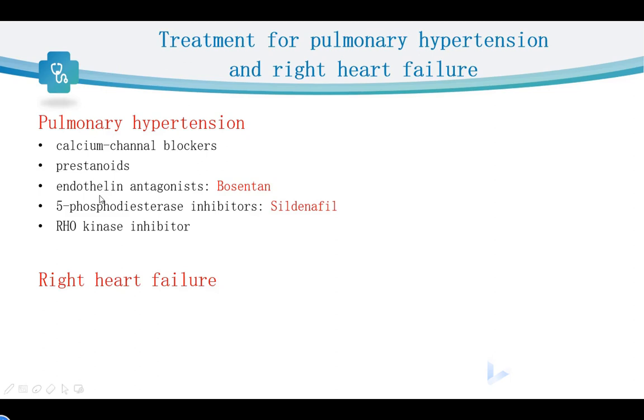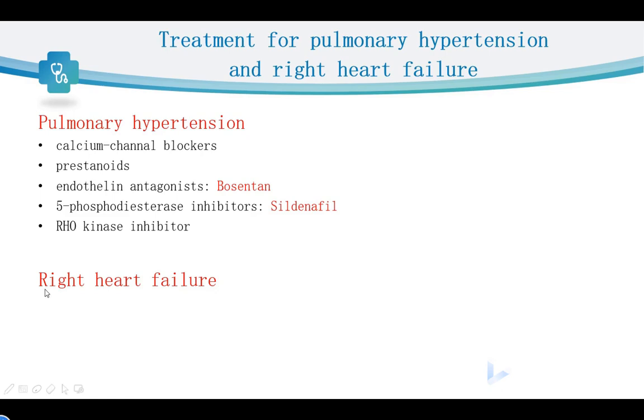But for now, only a few drugs have a moderate or good effect on pulmonary hypertension. Bosentan, sildenafil, but these two drugs are too expensive. For now, only a few patients with severe pulmonary hypertension receive this therapy in China.